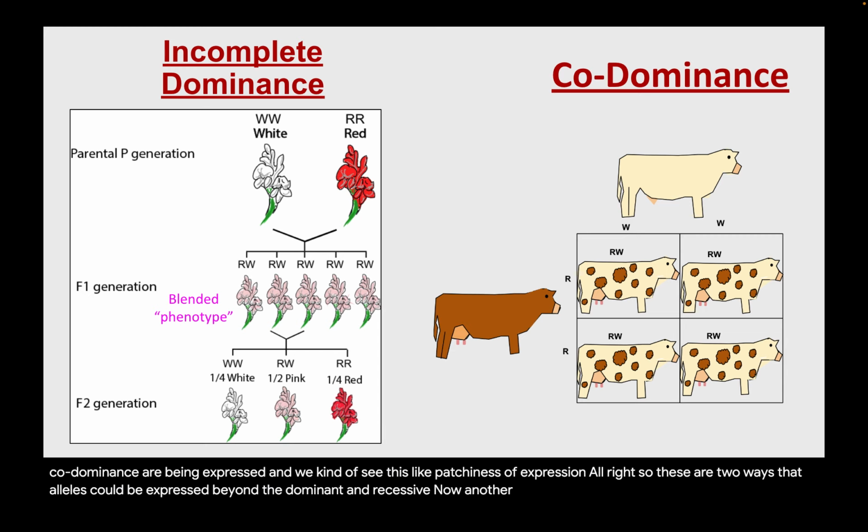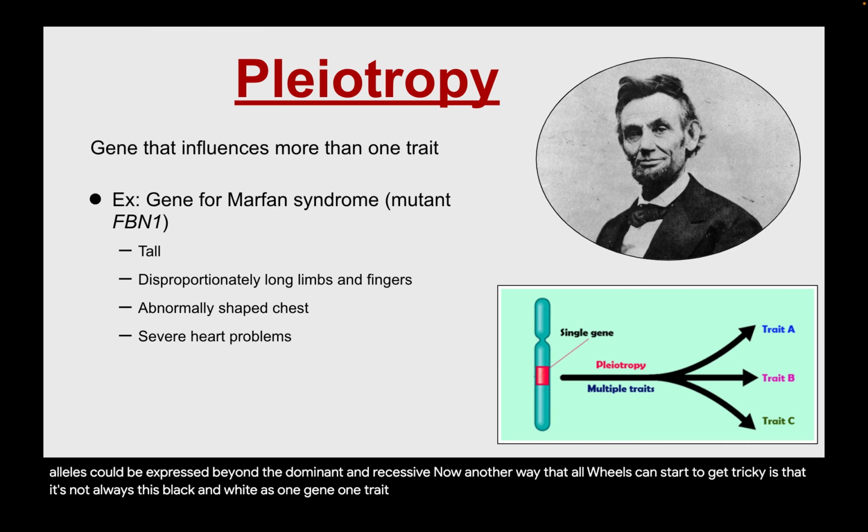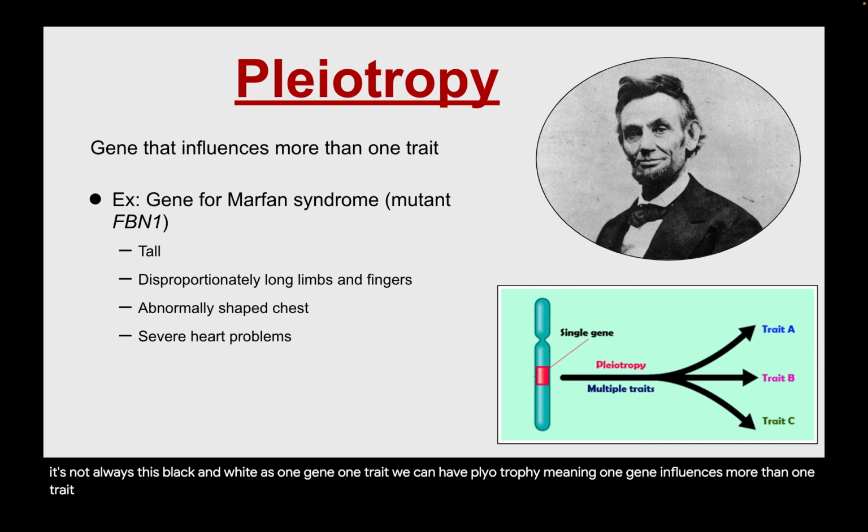Now, another way that alleles can start to get tricky is that it's not always as black and white as one gene, one trait. We can have pleiotropy, meaning one gene influences more than one trait.